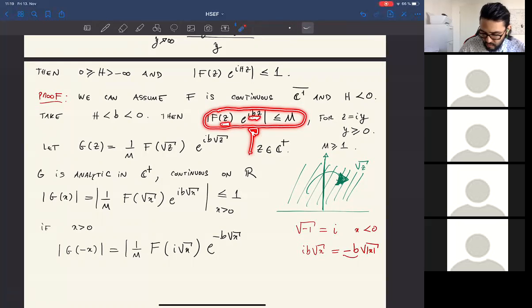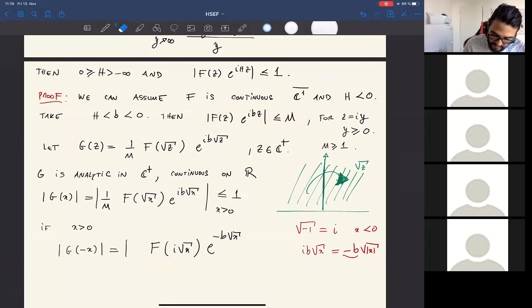So if y was the square root of x, which is the thing I'm doing here, this function is less or equal than m. Since I'm dividing by m, this is going to be less or equal, everything is correct. So this works by this guy here.